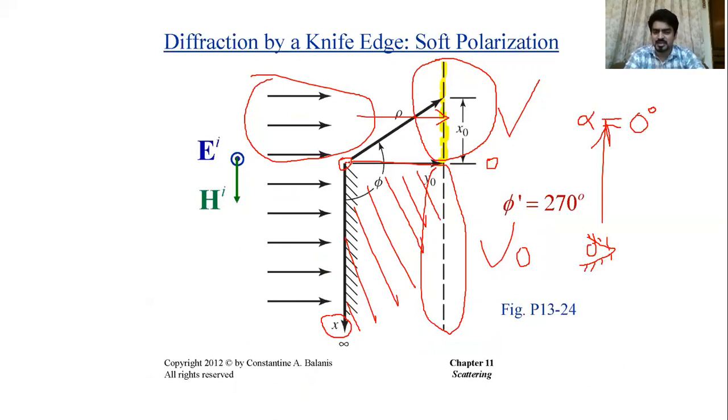So as a function of this angle phi, those fields will vary. The phase will vary when we project that on this x-axis, and as a result there will be some phase variation in the diffracted fields.